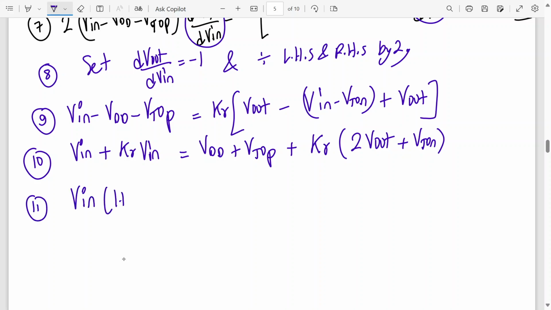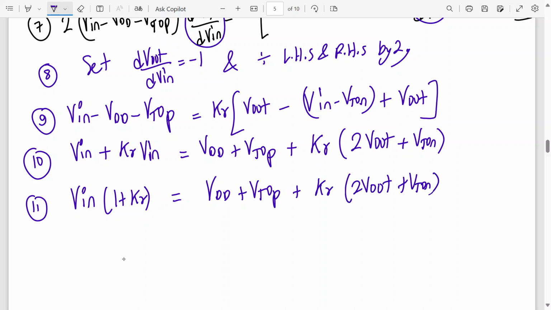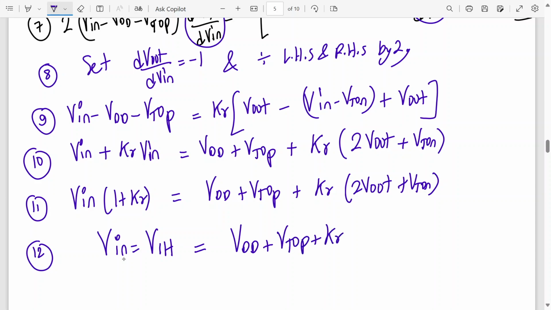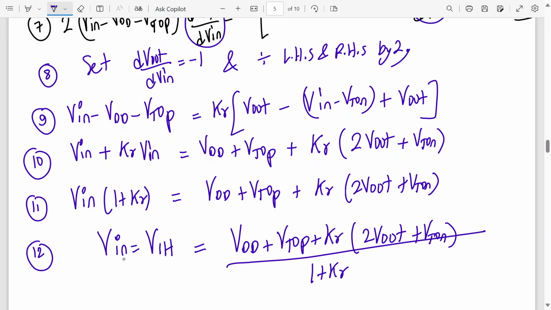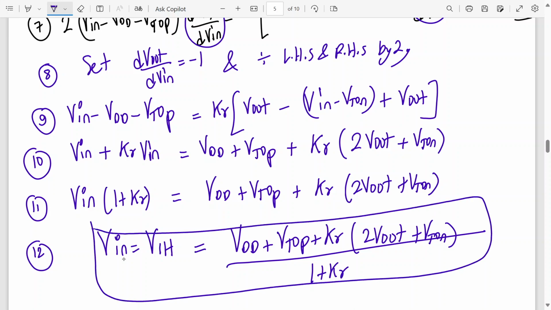So this becomes V in into 1 plus KR is equal to VDD plus VTOP plus KR into twice V out plus VTON. So V in, which is equal to VIH, is VDD plus VTOP plus KR times twice V out plus VTON, divided by 1 plus KR. This we call equation number 3.2.